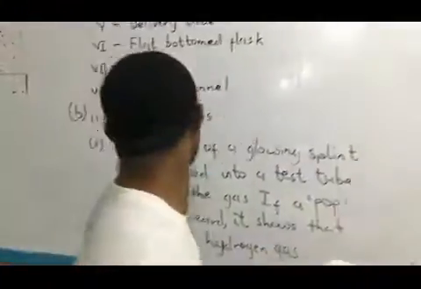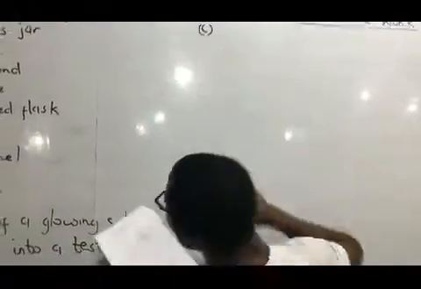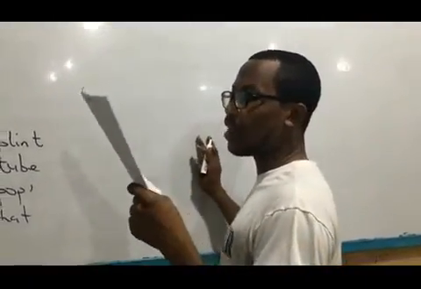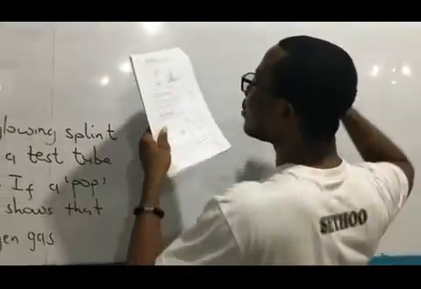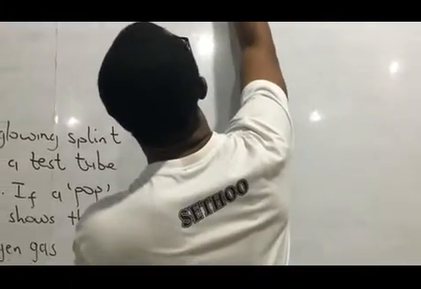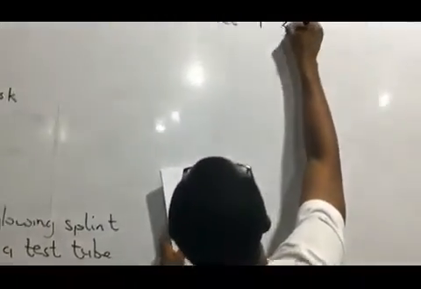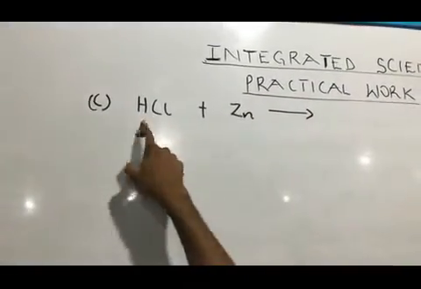Okay. So question C. Question C says, write a balanced chemical equation for the reaction that occurred. So the reactants here, as indicated in the diagram, are hydrogen chloride, HCl, and then zinc. So you have a metal reacting with an acid.